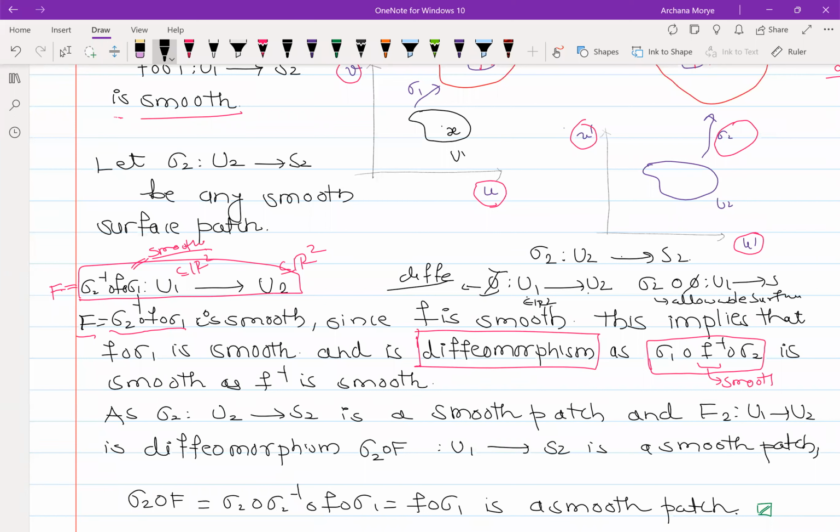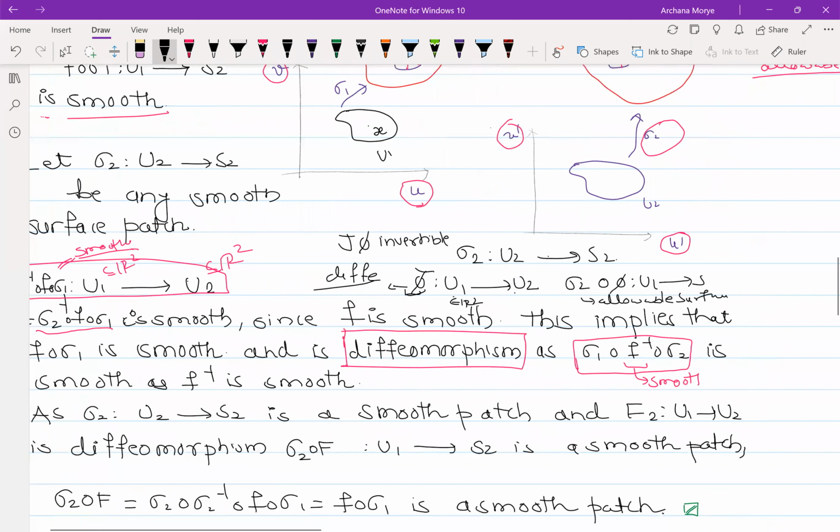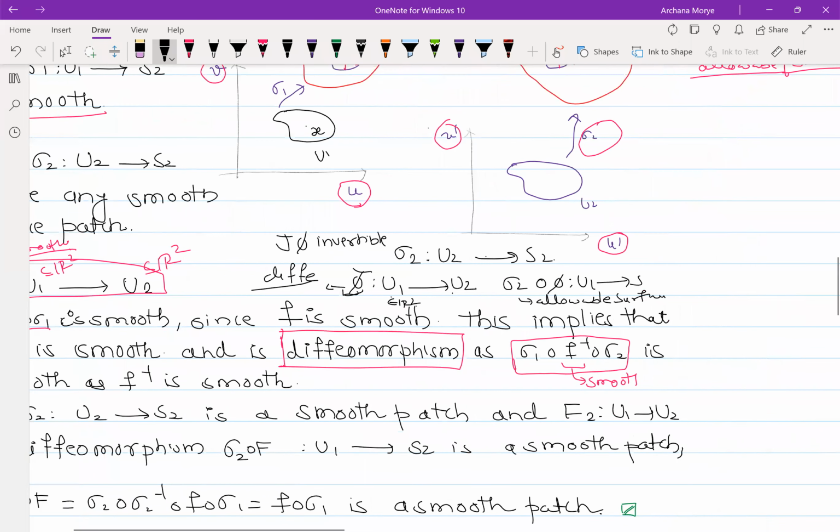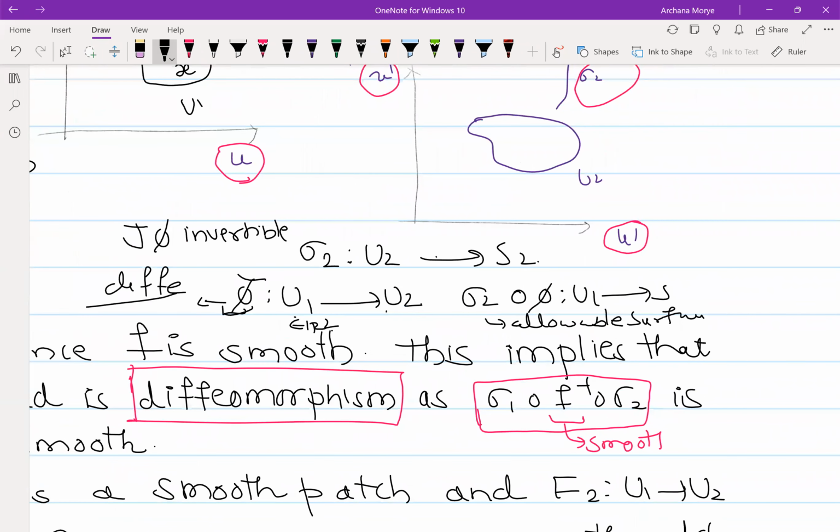In this case, this will be clear because phi is a diffeomorphism, and you know that the Jacobian of phi is invertible, right? Why is it very clear that this is an allowable patch? Can you tell me? Smoothness will come directly, right? Sigma 2 composed with phi is smooth because phi is smooth and sigma 2 is also smooth.